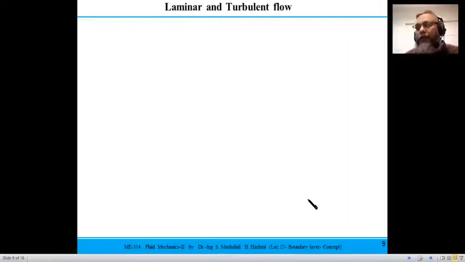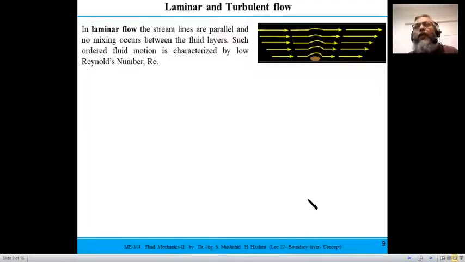Okay, another classification we call laminar and turbulent flow. I hope most of you have an idea about what is laminar and turbulent, but we now define it more closely. As we know, laminar means the fluid flow can be thought of as a parallel flow in which streamlines are parallel, what we call a layer flow or lamina flow.